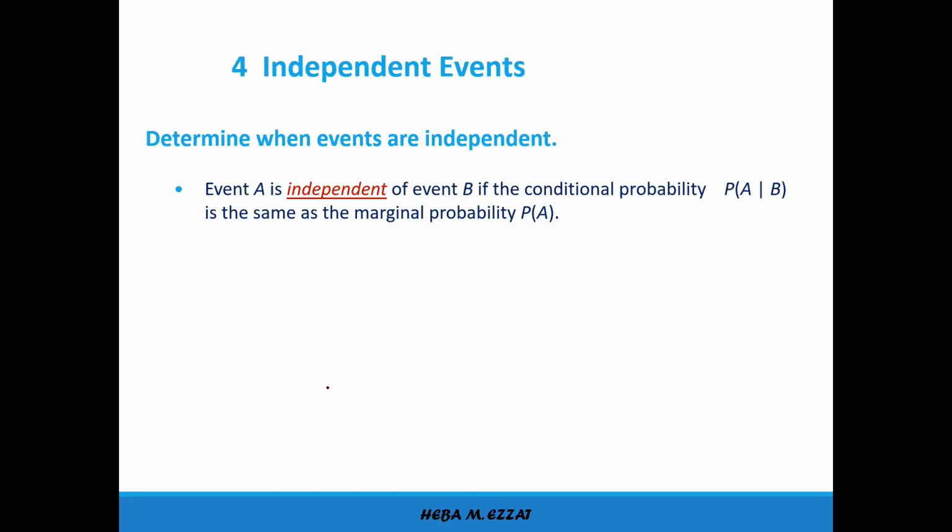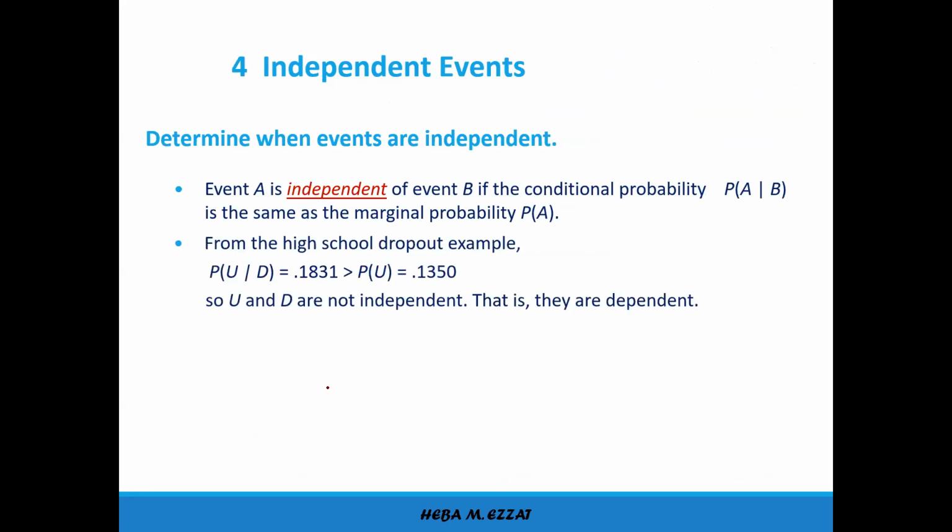Here we have another definition of the events. We have what is called the independent event. This states that if the probability of A given B equals the probability of A, in this case, we would say that A and B are independent, or not dependent.